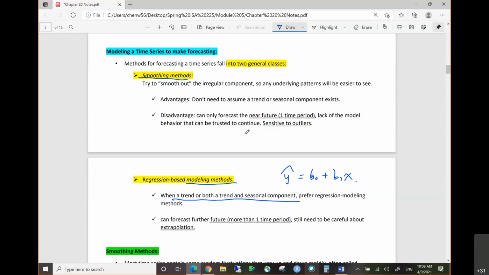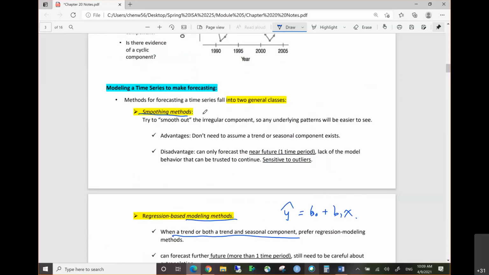With the smoothing method, you can only forecast the very near future, usually just one time point. It is also very sensitive to outliers, but there are no other ways. We cannot use the modeling method, so this is the only way we can use.